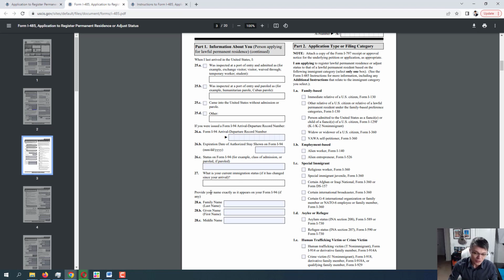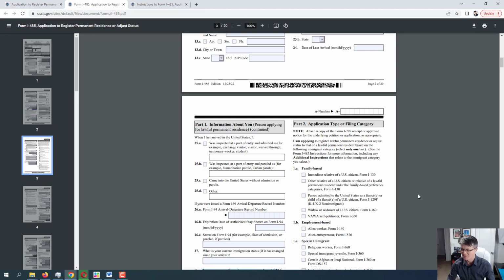Your current immigration status would basically be the type of visa that you're on, or for example, if you're an asylee or a refugee, obviously you will say that here. Okay, moving further, provide your name exactly as it appears on your form I-94, if different, but still, if any. If you have an I-94, if you don't have it, that's fine.